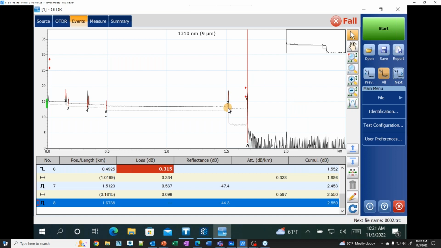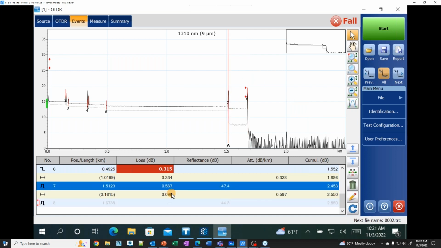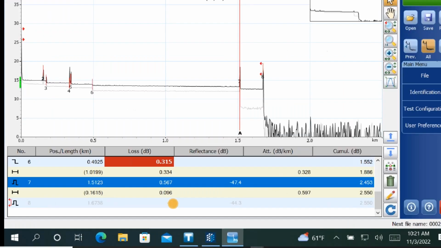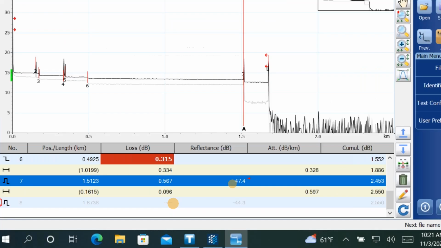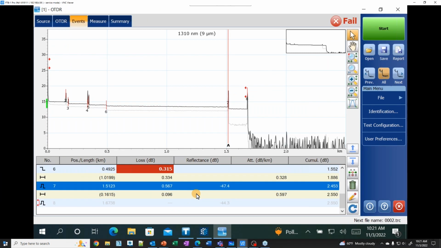So your existing system right now, this is that connector. That connector right now at 1310 is 0.56 with a negative 47 dB of reflection. This should not be surface affecting at all. It's just barely, actually for 1310, this is fine. And the reflection is fine for just about every system there. So this is a good connection.